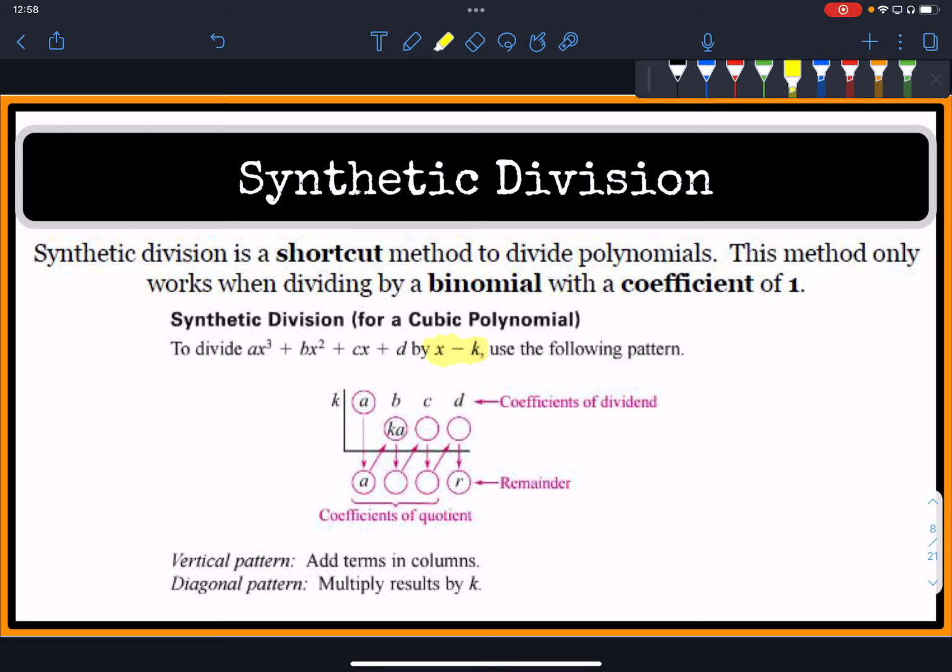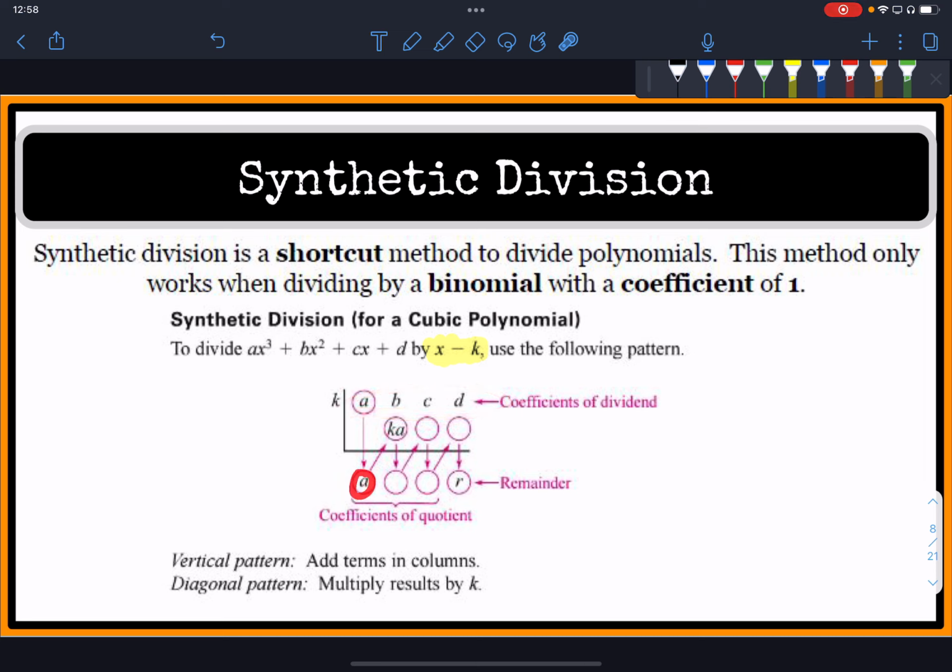If my divisor is written like this, I can use synthetic division, where I start off by bringing down the first number and then simply multiplying this number with this value of k, with this number that I'm subtracting, and then adding the term going downwards, where the values of a, b, and c are going to be the coefficients of my dividend right there.